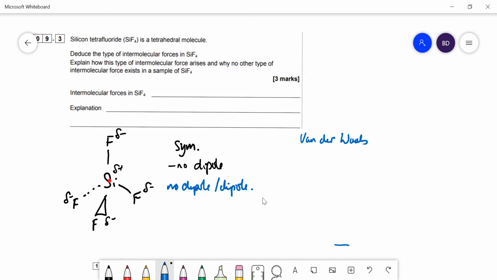Now for 3 marks, you've got to explain how this kind of intermolecular forces arises. So you would say you have a temporary, or sometimes called an instantaneous dipole on the molecule due to fluctuations in the negative charge cloud, so random fluctuations.